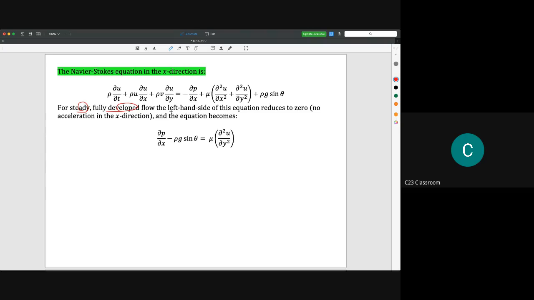And then the left-hand side of this equation will reduce to 0. So this is now equal to 0. And then you will have dp over dx minus rho g here. You bring this to this side, and then you bring this g to the left-hand side. And then it is equal to this one.